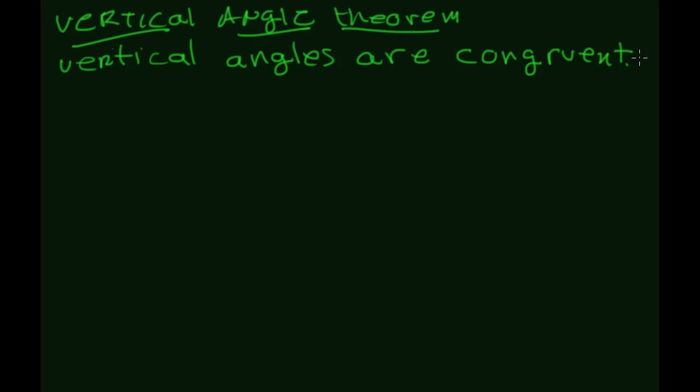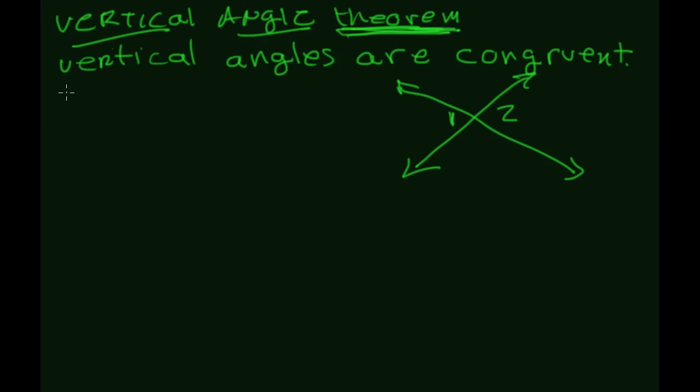Now, that seems pretty straightforward. What we're saying is that if I have two lines that cross each other, and I call this angle 1 and I call this angle 2, then those two angles have to be congruent to each other. Now, this is a theorem. It's not a postulate. It's not something that's supposedly obvious. It's something that we actually have to prove.